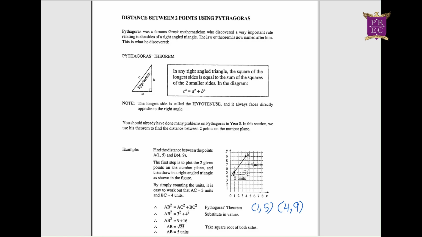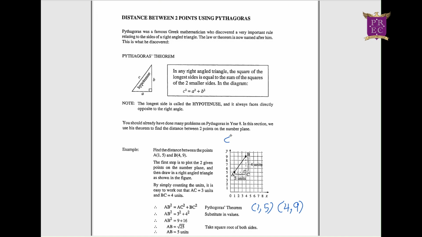We know that this is a right angle triangle, right? So if we have a right angle triangle, to find the hypotenuse, we use Pythagoras theorem, which is c squared is equal to a squared plus b squared. And using Pythagoras theorem, we know that this is a, the 3 units, and this is b, the 4 units.